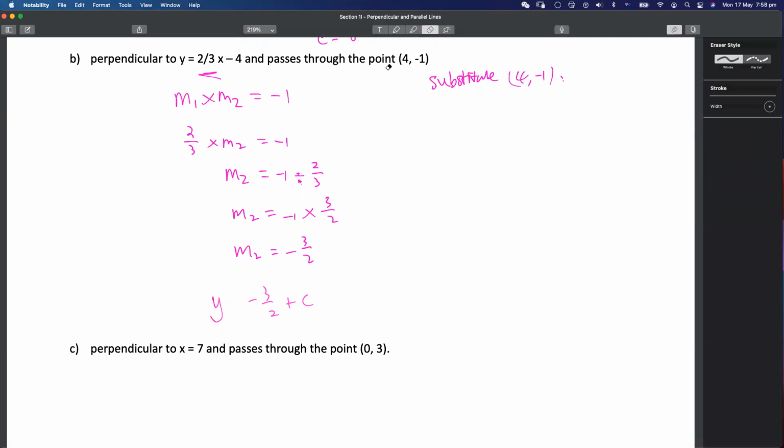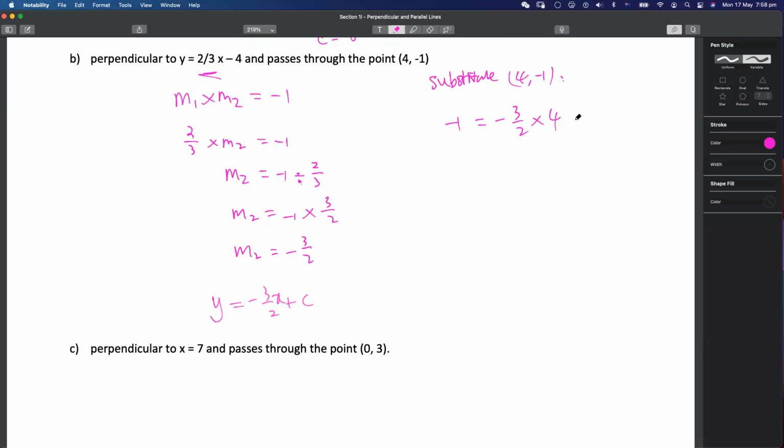Sorry, I forgot my x. So -1 is equal to -3 over 2 times 4 plus c. That's going to be -6 because 4 over 2 is 2, 2 times 3 is equal to 6, plus c.